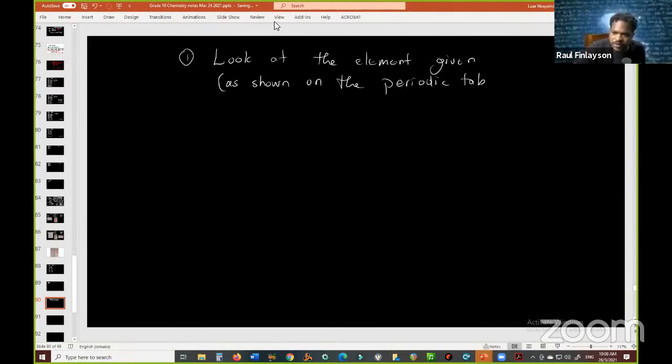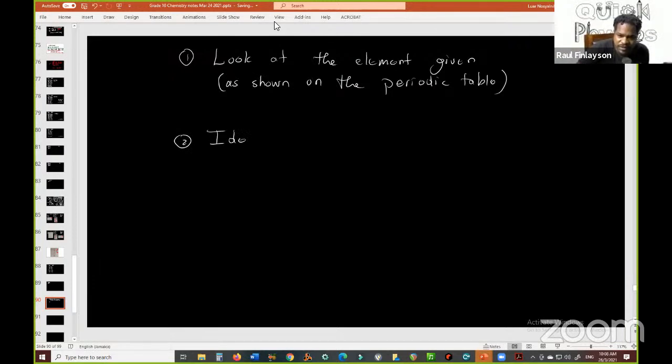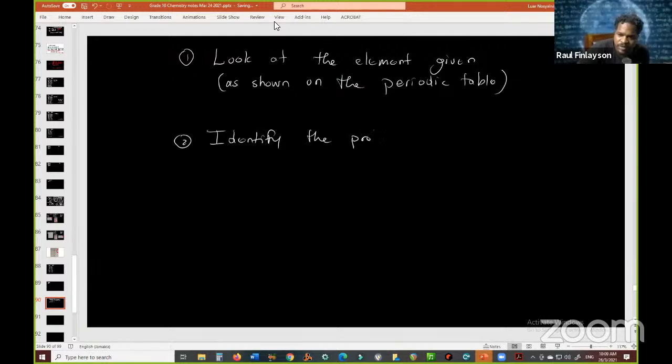Look at the element given as shown on the periodic table. That's the first thing. Then step 2, you're going to identify the proton number and mass number.